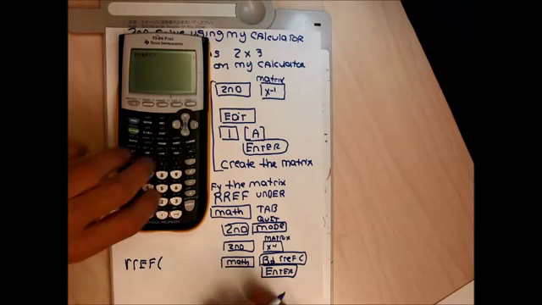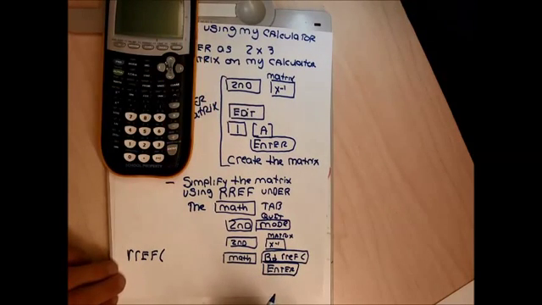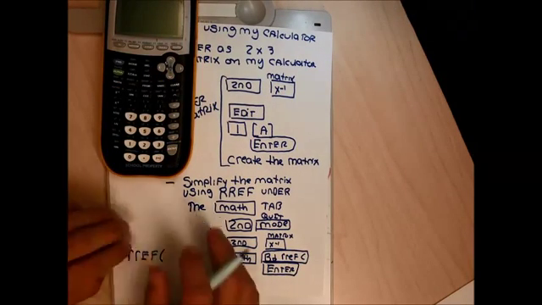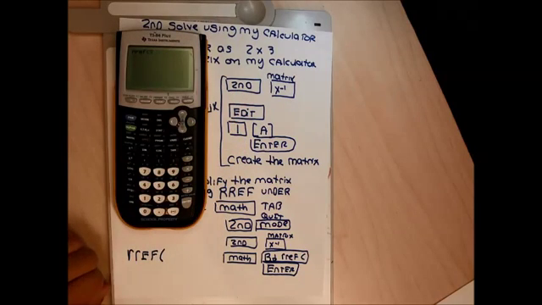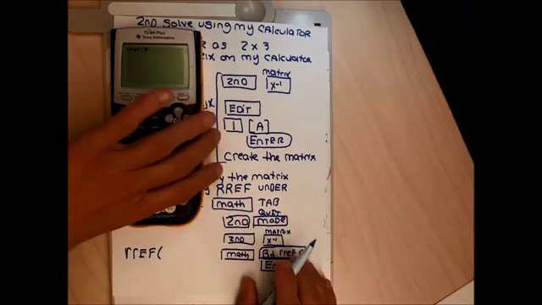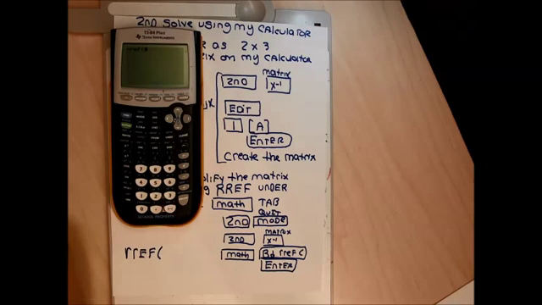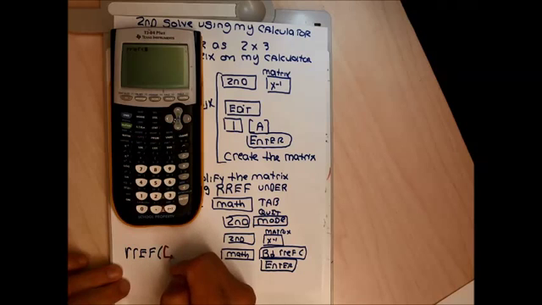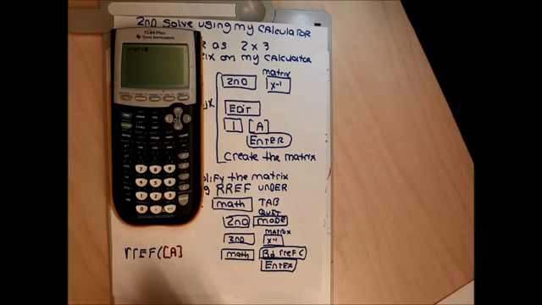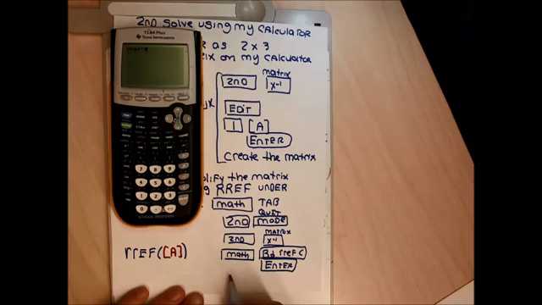So I'm almost done. I'm going to simplify the matrix using RREF. I'm not quite done because it's going to reduce any matrix I tell it to reduce, and the matrix I'm going to tell it to reduce is matrix A. So I need to get, on my main screen next to the RREF, the matrix that I put this in, and I put this in matrix A. To do that, I have to do a third time second, matrix, or the X inverse key, to get the A here.